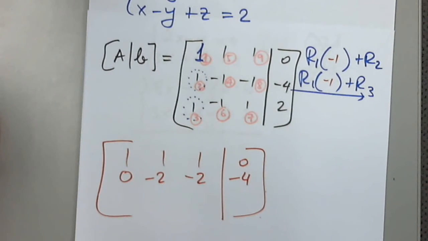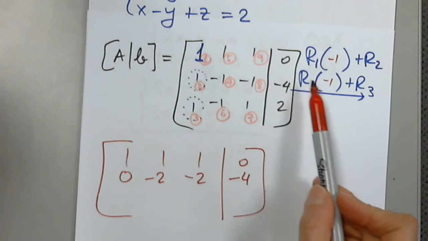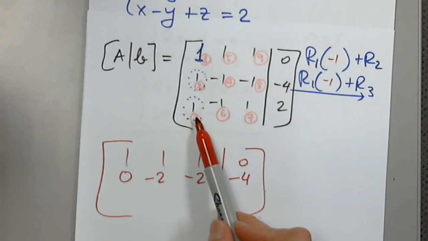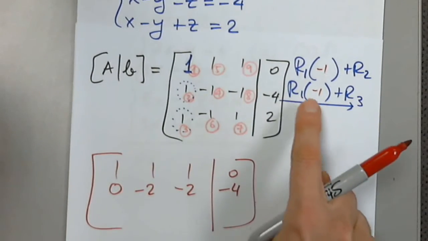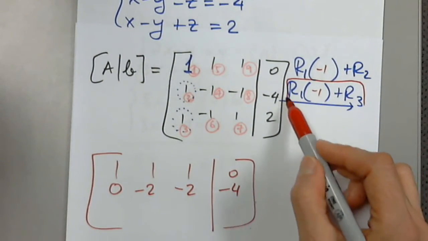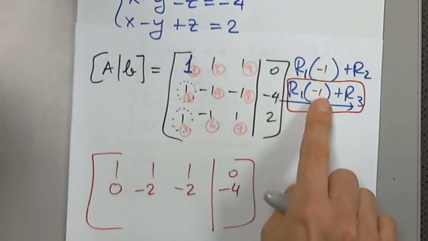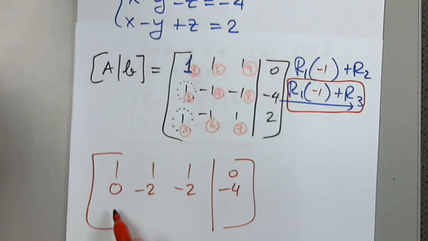Can anyone dictate the next row? This times this, added to this. Which one? We are doing this part now. We are here. So this times this plus this. Zero.